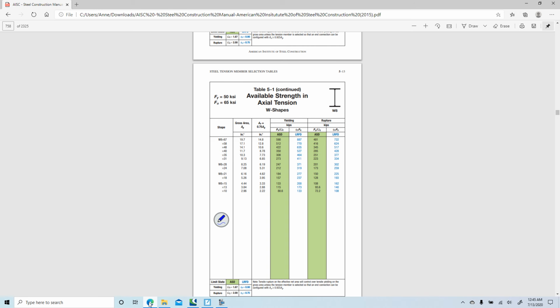So I go and look, and be sure and stay in the LRFD. Not the green columns, the white columns with blue writing, because we're in LRFD, not ASD. So I need a W8, I'm in the W8 section, and I need one that will hold 180 kips. And let's see, the smallest one, it looks like, is a W8 by 18.